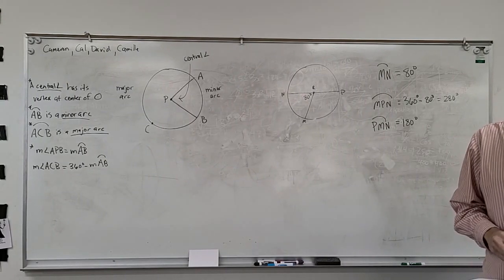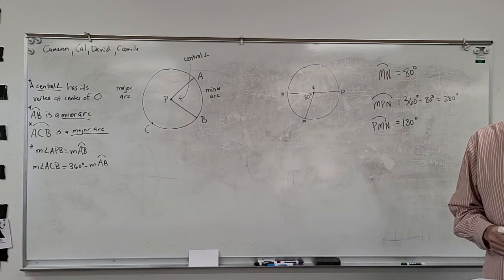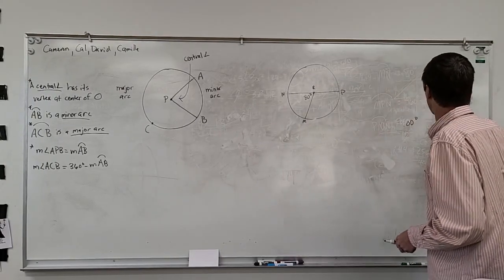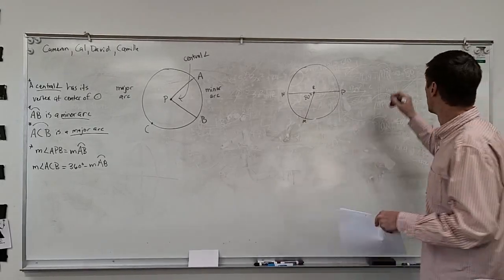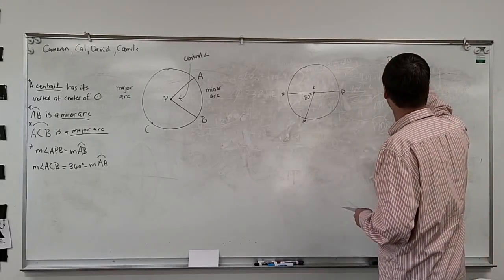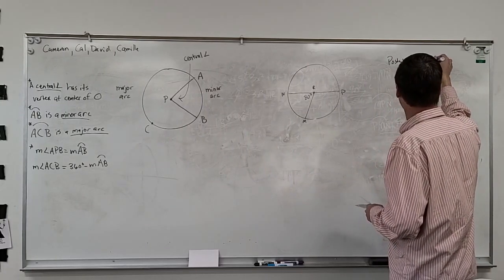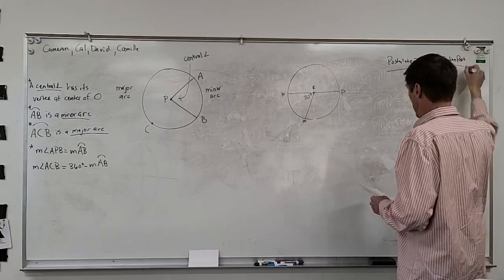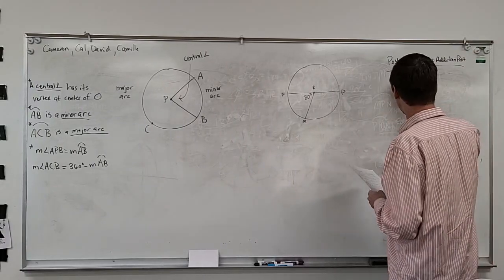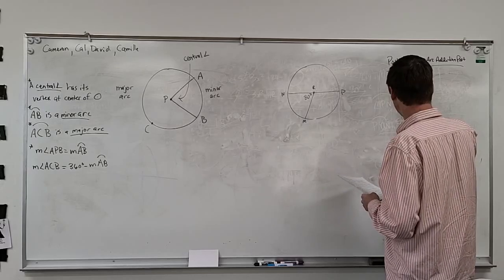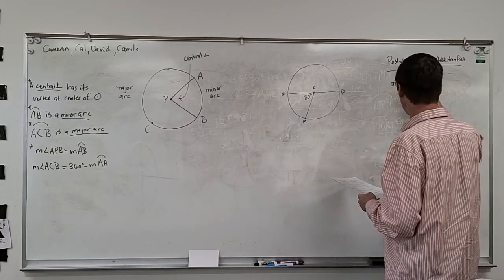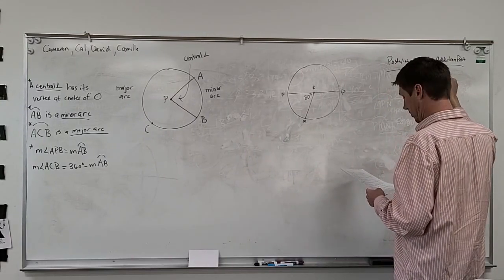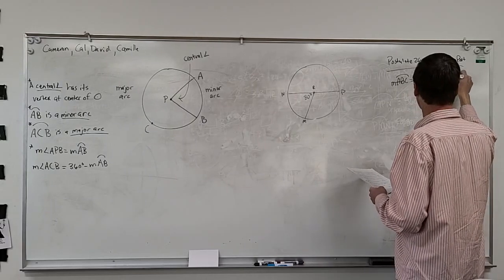All right, let's introduce postulate 26, which is the arc addition postulate. It says that if we have arc ABC, then the total measurement of arc ABC is going to be the measurement of arc AB plus the measurement of arc BC.